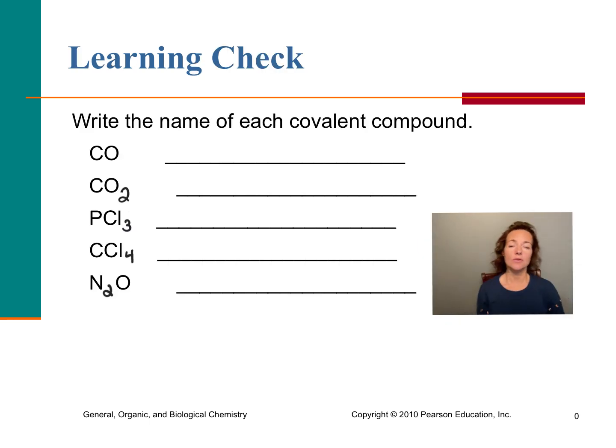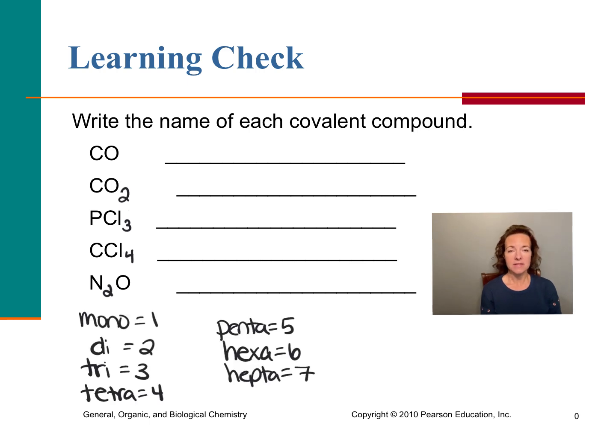So again, see if you can write the names of each of these covalent compounds correctly. CO, remember we're gonna name the first one. We don't put a prefix unless it's more than 1. And then we're going to change the ending of the second nonmetal to end in IDE, and we're always gonna put a prefix on the second one.